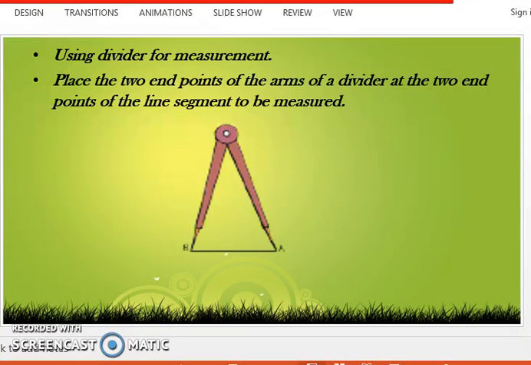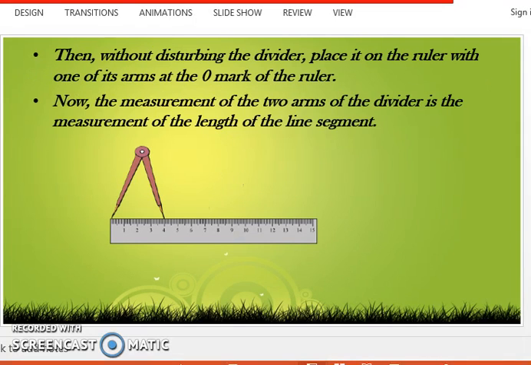Using a divider for measurement is the best way to measure a line segment. Place the two end points of the arms of a divider at the two end points of the line segment which needs to be measured. Then, without disturbing the divider, place it on the ruler with one of its arms at the 0 mark of the ruler.